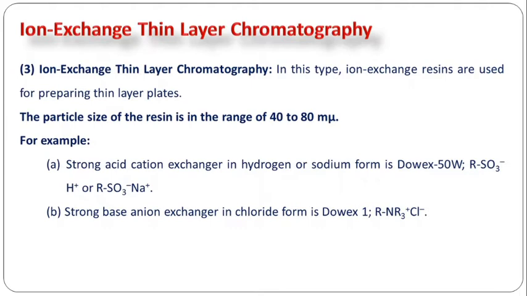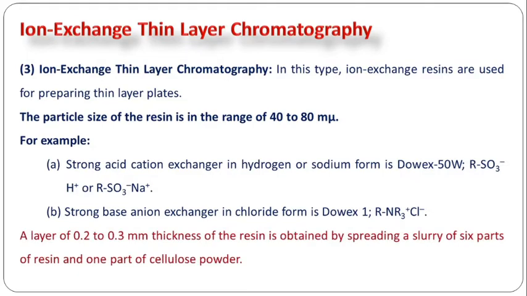Strong base anion exchangers contain Dowex 1. These are commercially available strong base anion exchangers that contain a quaternary ammonium chloride salt or hydroxide salts to exchange the anions from the mixture present in the solution or mobile phase.